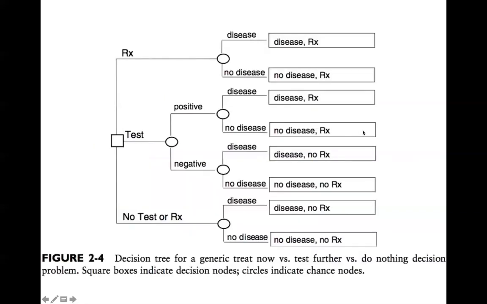Okay, so let's move to another one. This is the decision tree. I think if you are a physician, you will feel very comfortable seeing this, because the decision tree is more familiar to physicians.